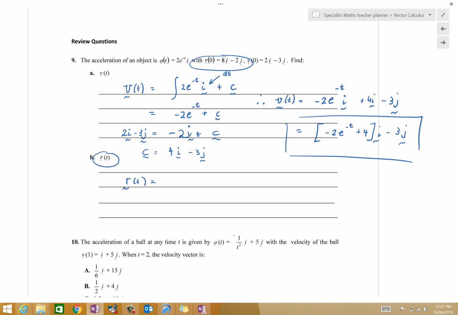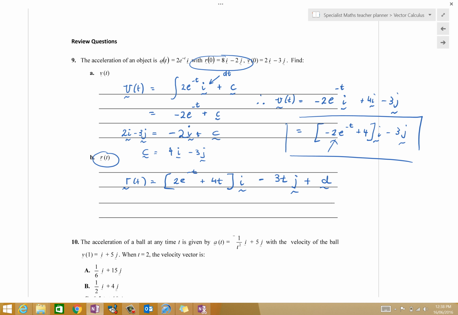Dividing by negative 1 here is going to give me 2e to the minus t plus 4ti minus 3tj plus a constant of integration d. Now, which is a vector.